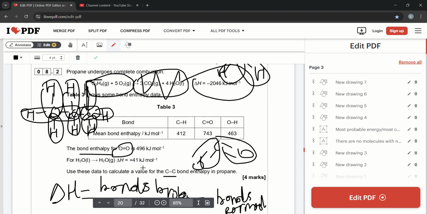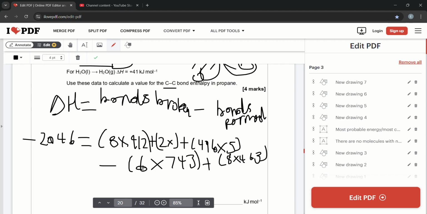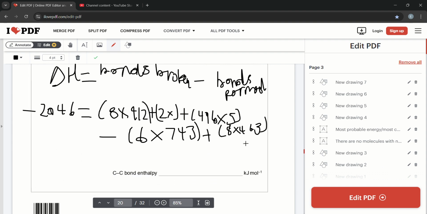We're working with 4 H2O molecules, so it's going to be plus 4 times 41, because we want to convert it into gas. Now it's a matter of not making any silly mistakes when you put it in the calculator.